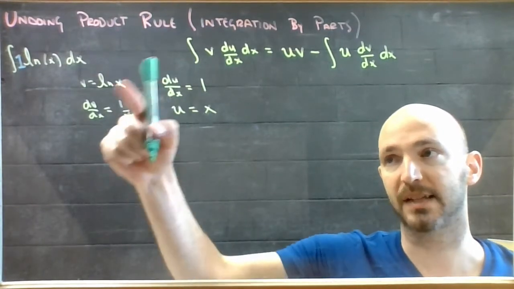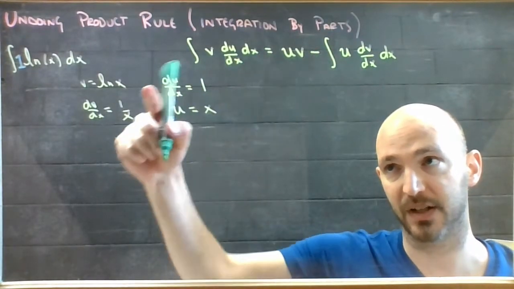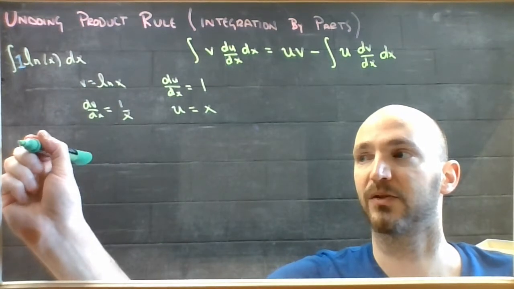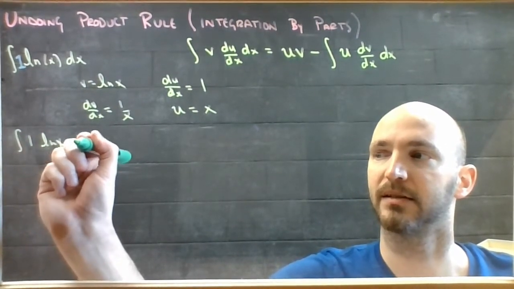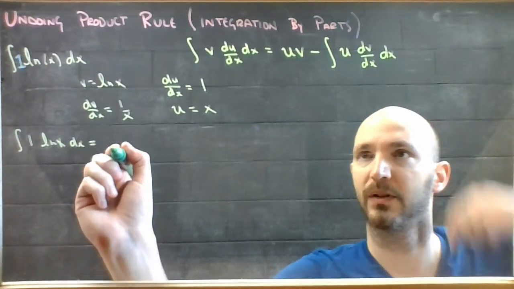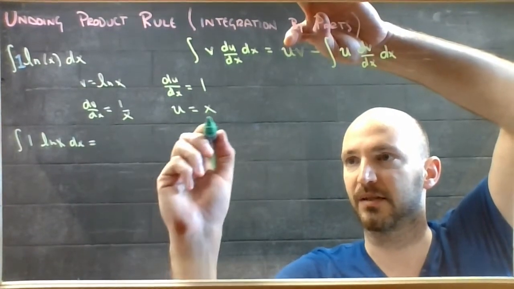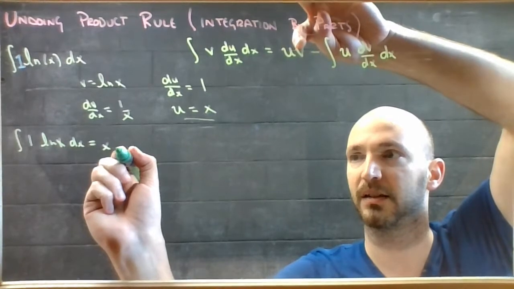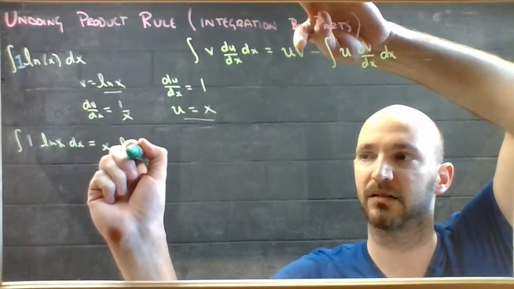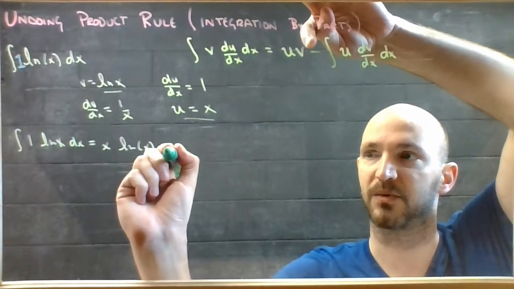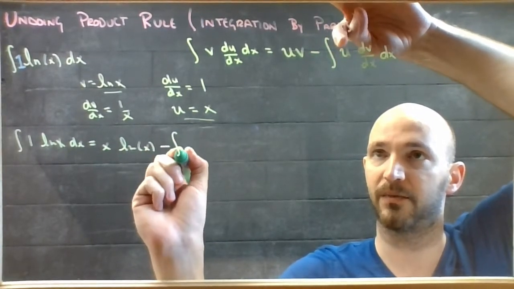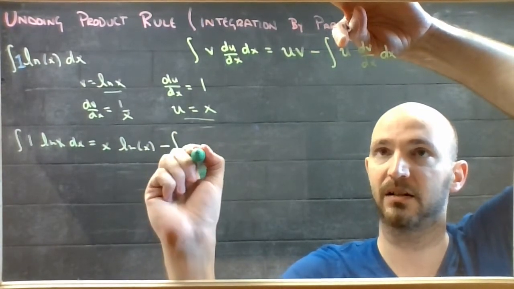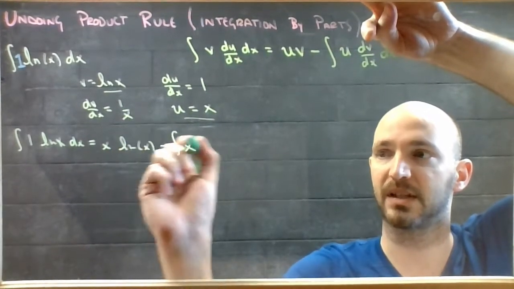So I'm going to assemble these puzzle pieces into this particular formula. So I have the integral of 1 ln x dx equals this puzzle piece, which is here, this puzzle piece, which is here, subtract the integral of this puzzle piece, which is here, and this puzzle piece, which is there.